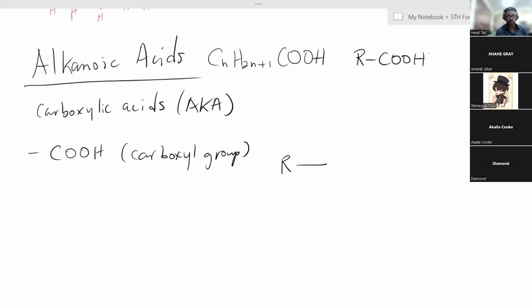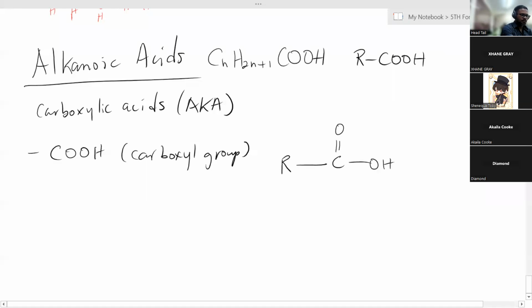It could be 1 carbon. It could be 5 carbons. It could be 20 carbons. But it's just 20 carbons connected to COOH, or 2 carbons connected to COOH. R could be any number of carbons. So R connected to a carbon double bonded to an O, and we have OH.